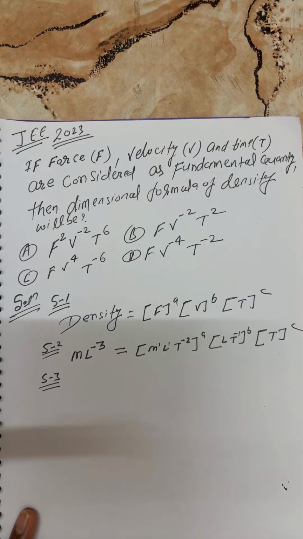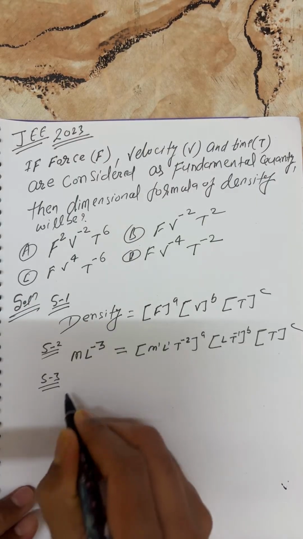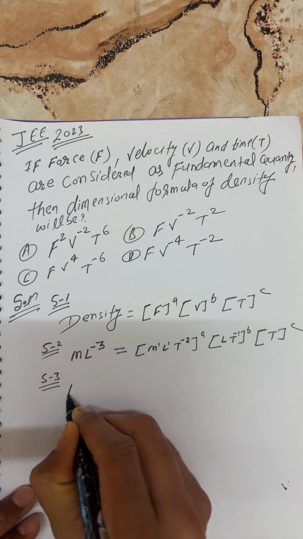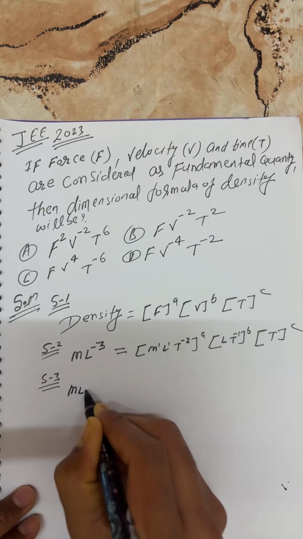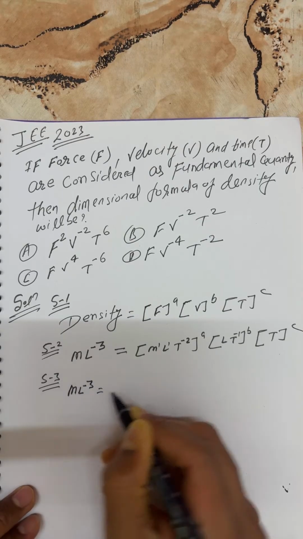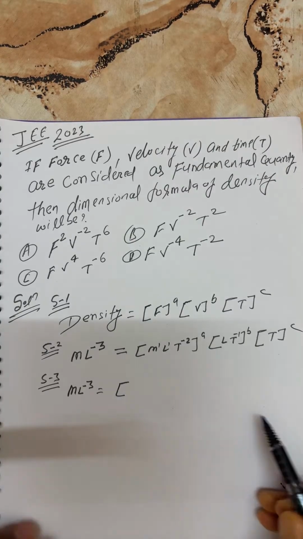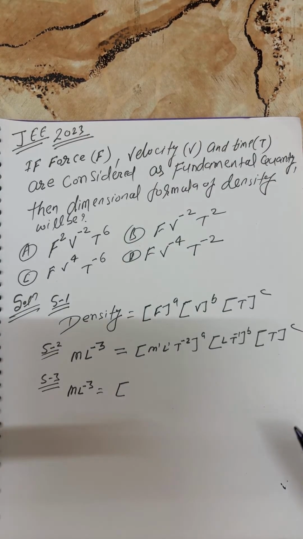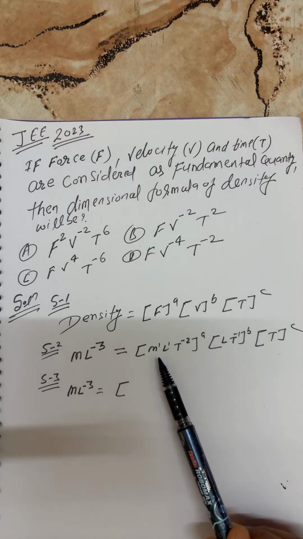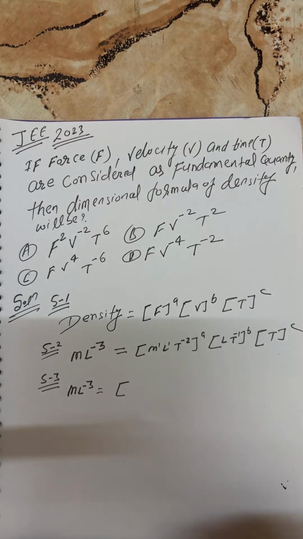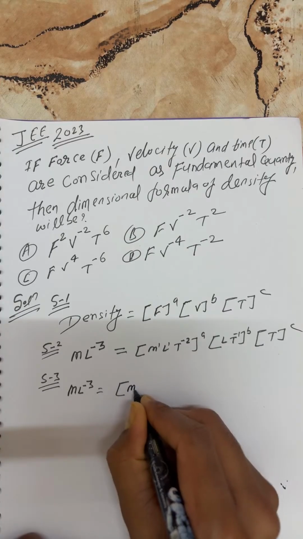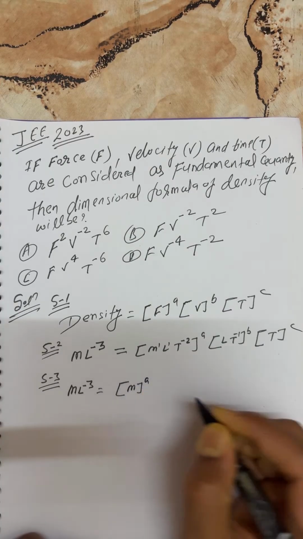In step 3, kids, separate identical quantities of each other on both sides. So no worries about LHS, it will come as it is, M L to the power minus 3. Now M, no need to worry about M because we have only one term in RHS, so M to the power a.